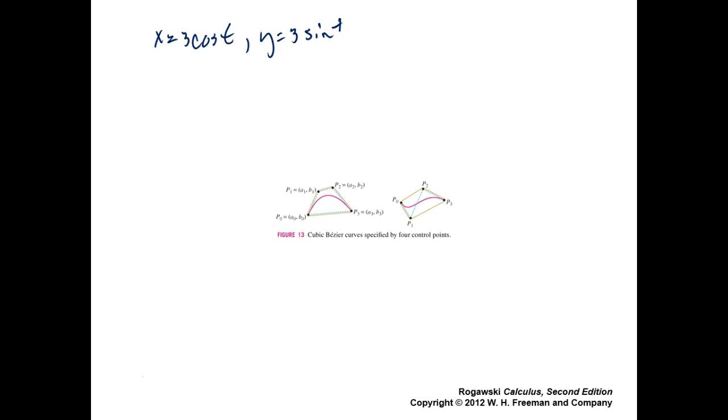All right. Number 2. How does x equal 4 plus 3 cosine t, y is equal to 5 plus 3 sine t, differ from the curve in the previous question? Say this again.